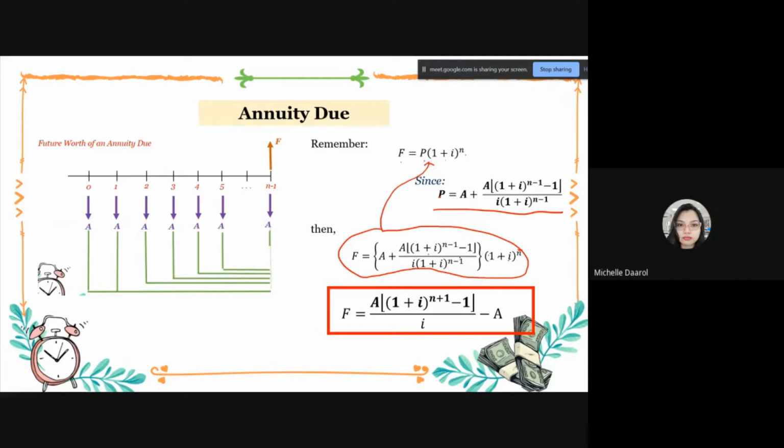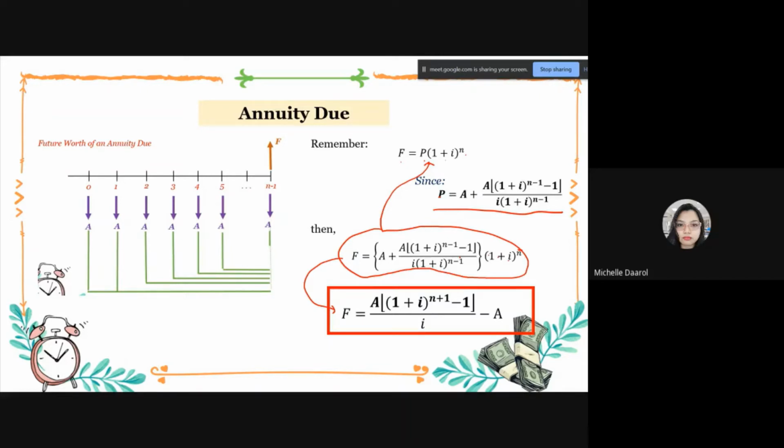But if you want a better arrangement, the equivalent is this one: F is equal to A times 1 plus i raised to n plus 1 minus 1 over i, minus A. I will not show the simplification on the slide to save space. Anyway, the important thing is the derivation of the present worth.